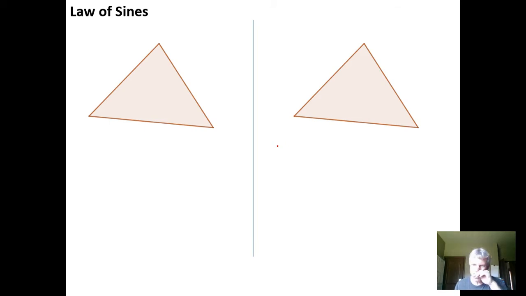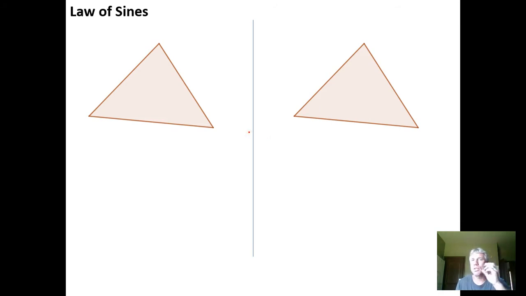And what we want to do is develop some tools that will help us to solve oblique triangles, triangles that are not solvable using right triangle trigonometry techniques directly. So oblique triangles are going to show up in two main flavors for us.